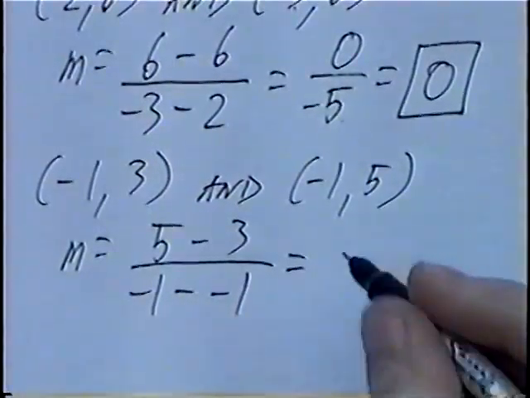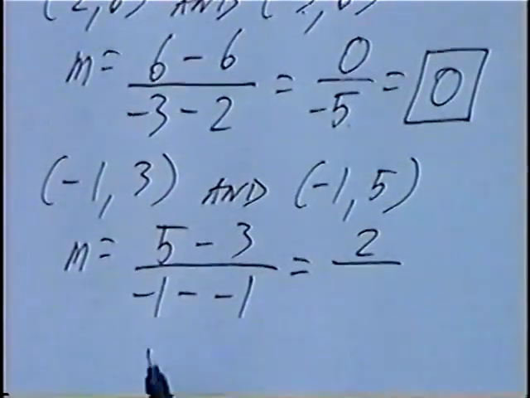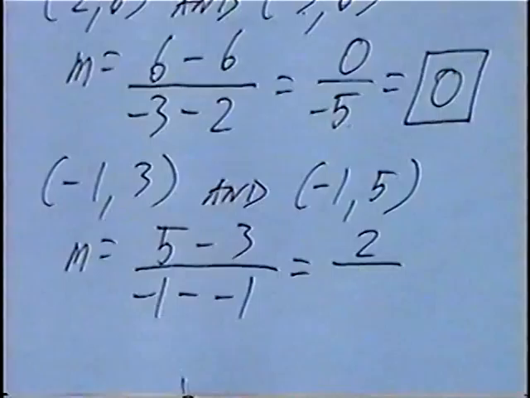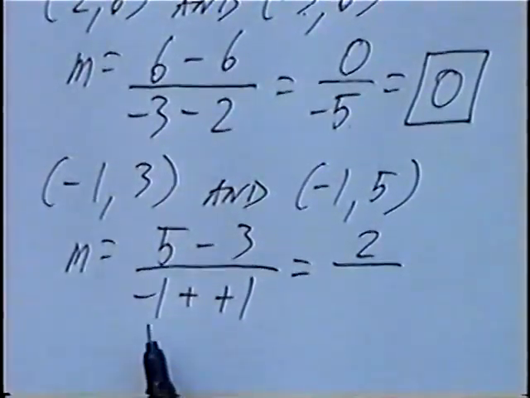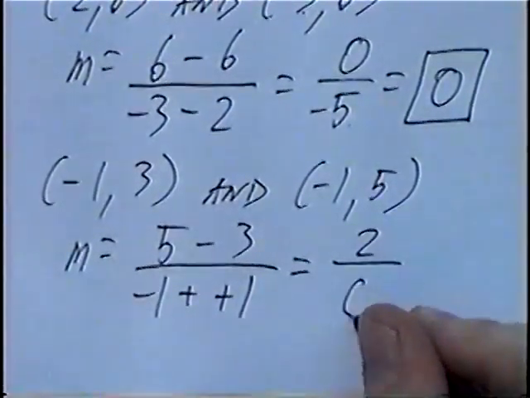Subtracting 5 minus 3 would be 2. Negative 1 minus a negative 1. Minus minus, or 2 negatives again, we can change to addition. So negative 1 plus 1 would be 0.